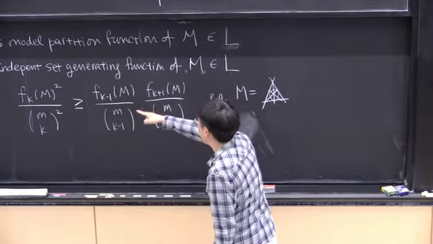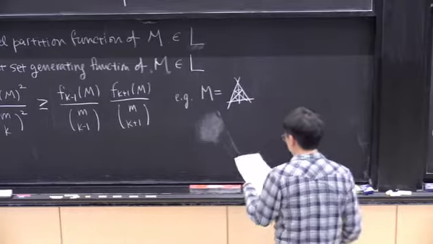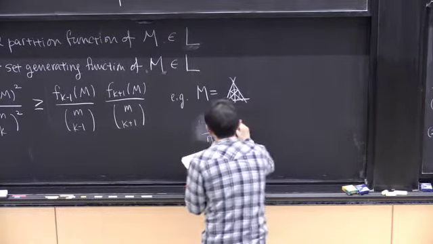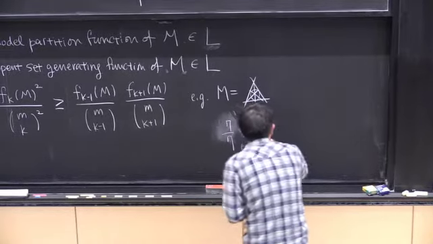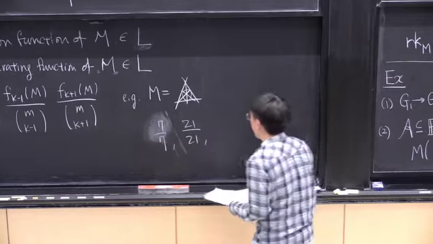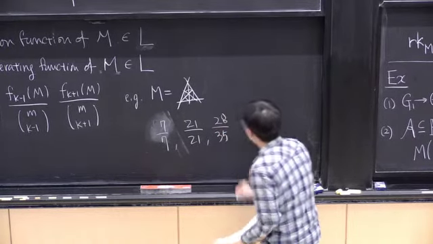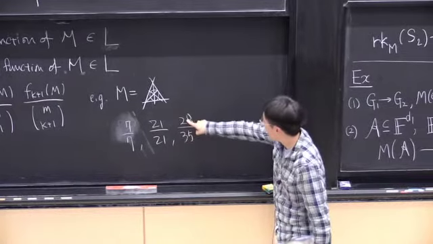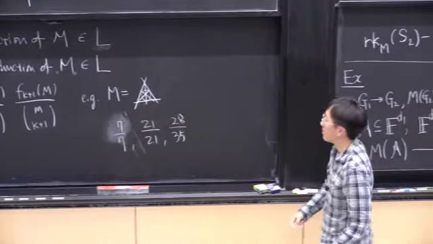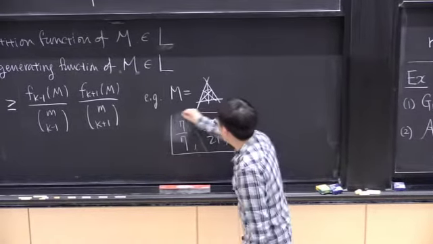The inequality for k equals 1 reads 7 over 7, for k equals 2 it's 21 over 21, which is 7 choose 2 divided by 7 choose 2, and 28 over 35, which is 7 choose 3, and 7 less than that. And it's 1, 1, and something less than 1.